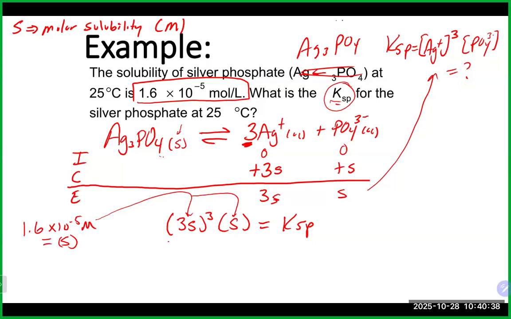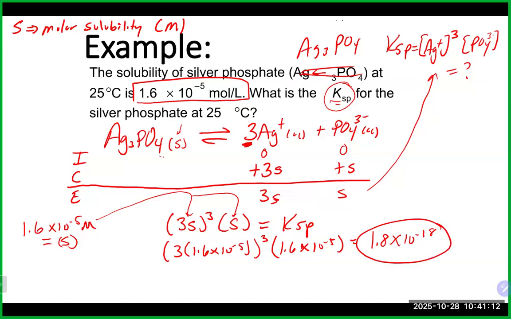That would give us (3 times 1.6 times 10 to the minus 5) cubed times 1.6 times 10 to the minus 5. We're going to cube it if we can find that button. There it is. Then we multiply by 1.6 times 10 to the minus 5. It's going to give us a Ksp here of 1.8 times 10 to the minus 18 in this case.